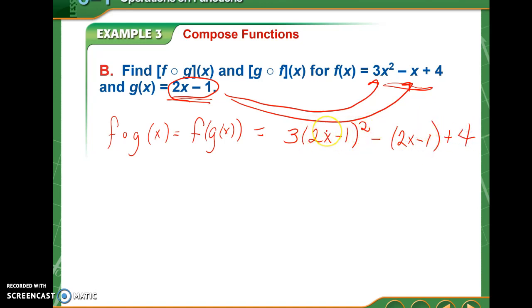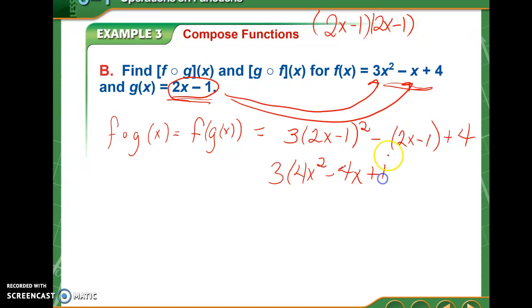Remember, when you square this, you have to do (2x minus 1) times (2x minus 1). So you'll get 4x squared, negative 1 times 2x, and negative 1 times 2x is negative 4x. Negative 1 times negative 1 is 1.